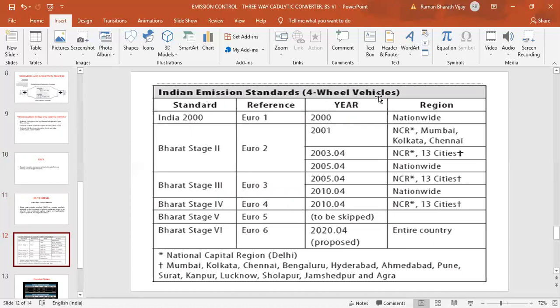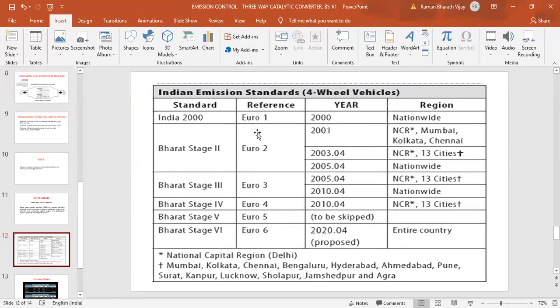It is for vehicles. The stages were created from 2000. You can see Bharat Stage 2 in 2001, Bharat Stage 3 introduced in 2005, Bharat Stage 4 in 2010, and Bharat Stage 6 now, after 2017. So all these stages were created and have been implemented too.